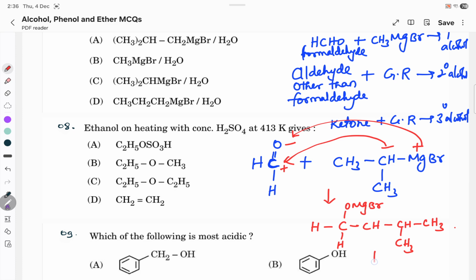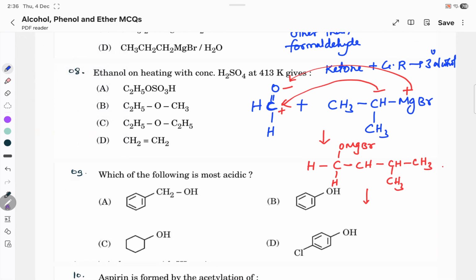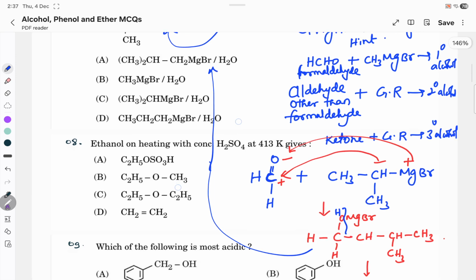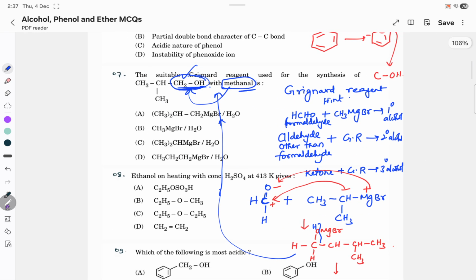On hydrolysis, in the second step, if you add H, you will get this product. So it has to be CH3CH3MgBr. So option C is the correct answer.